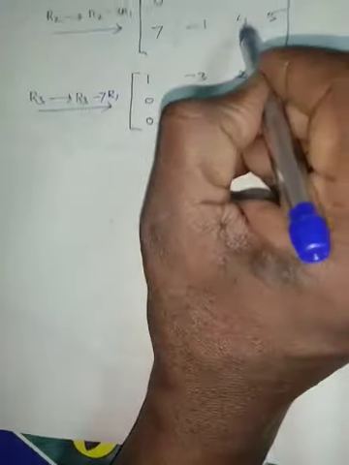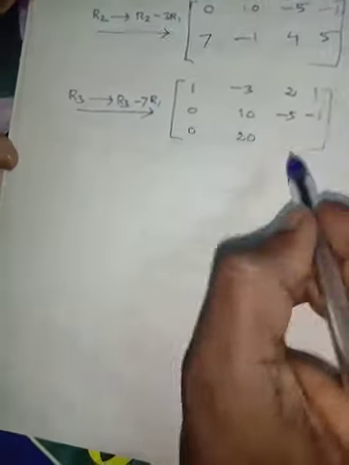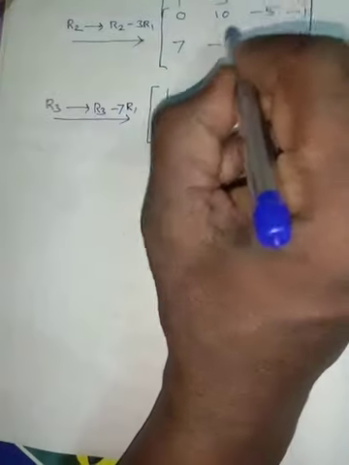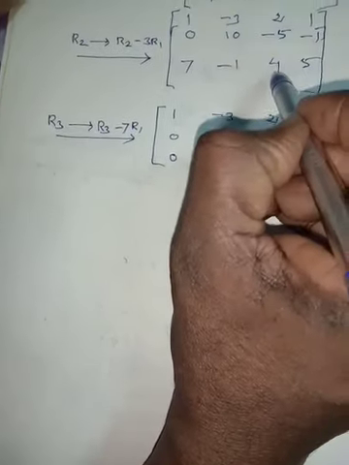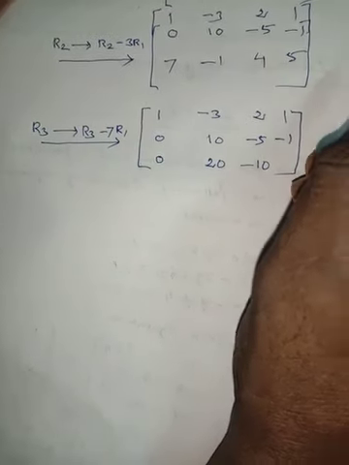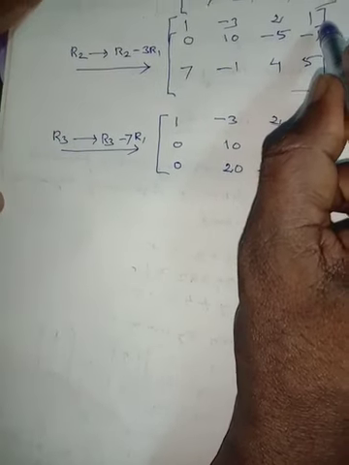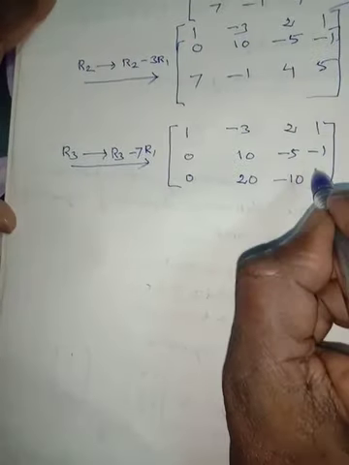Next 4 minus 14 is minus 10. Next 5 minus 7 is minus 2.